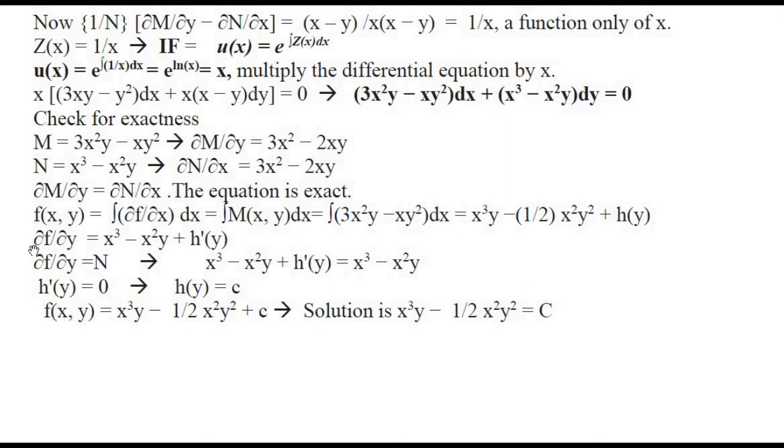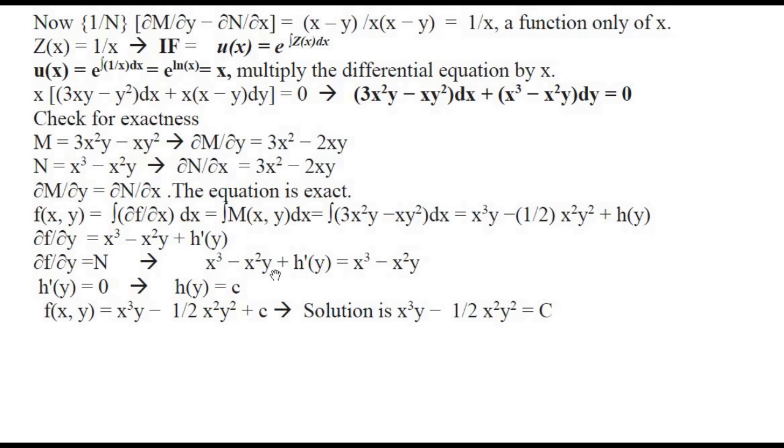Now differentiating this f with respect to y partially, we get x³ − x²y + h'(y). Now what is ∂f/∂y? It is N. So we can equate this one to N, namely x³ − x²y.